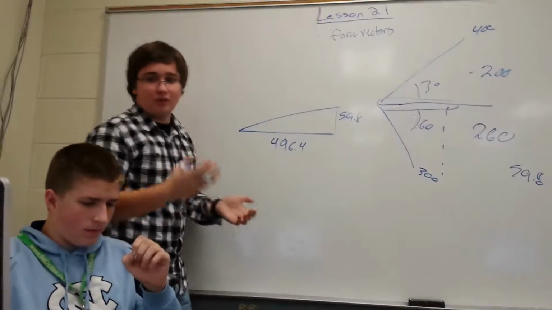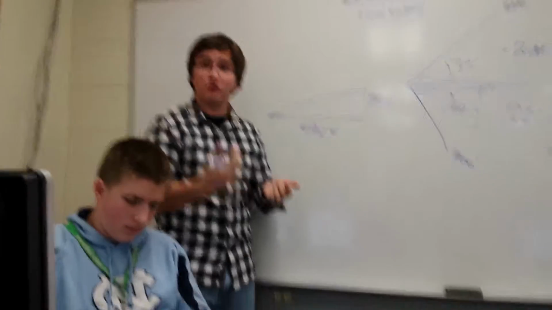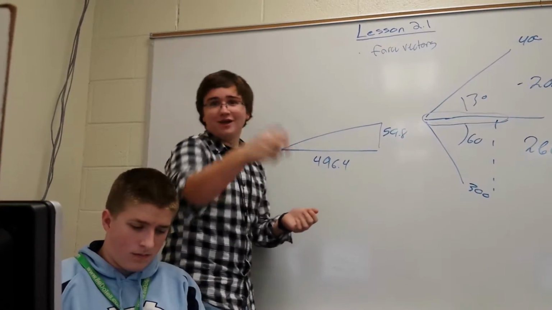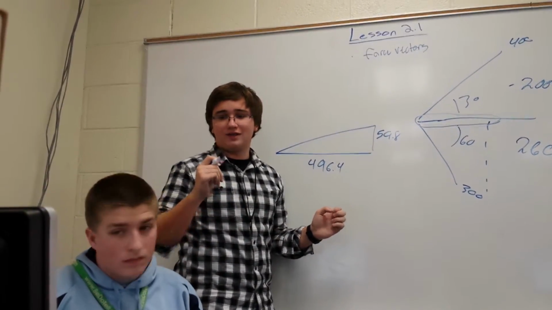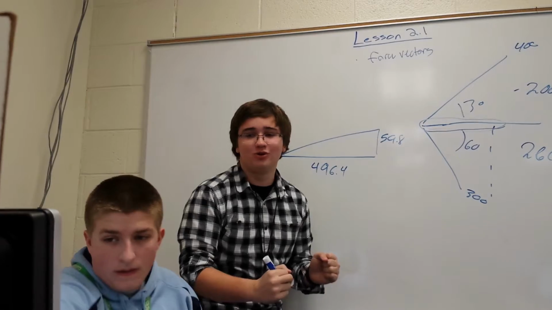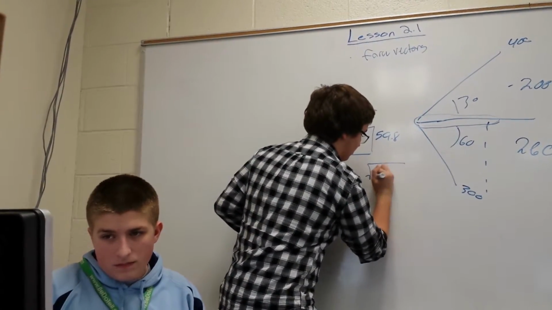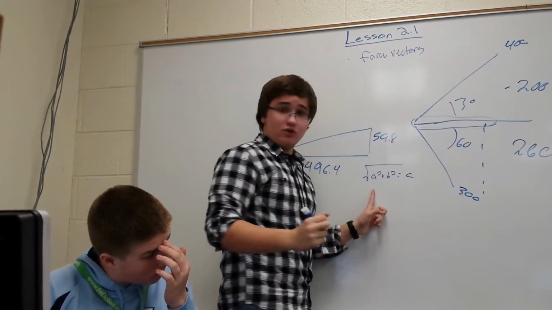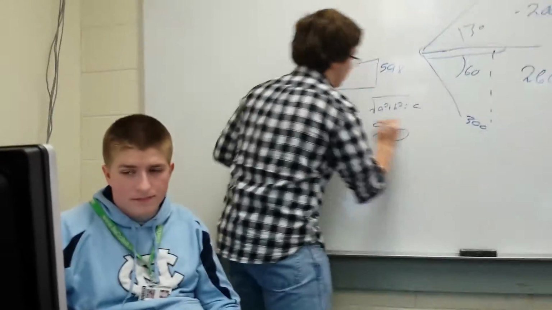And then, really, we all know a squared plus b squared equals c squared, which is the Pythagorean theorem, right? So you just square these, which is a huge number, and then take the square root to find C, and you end up with 500.